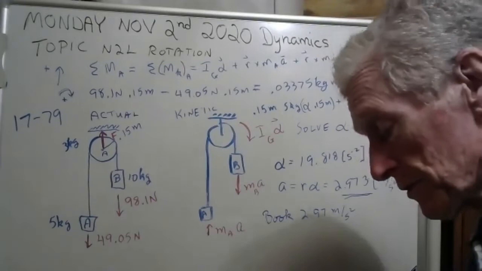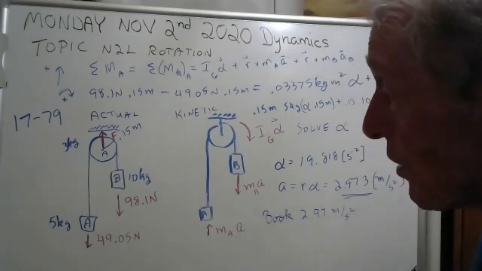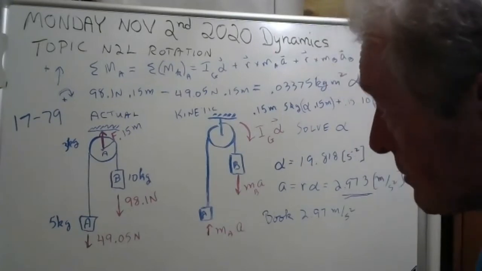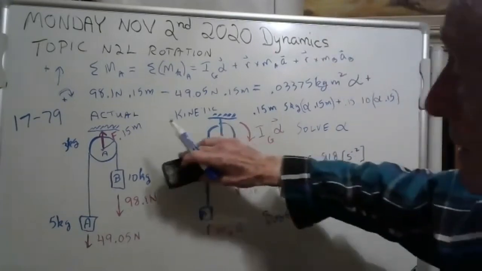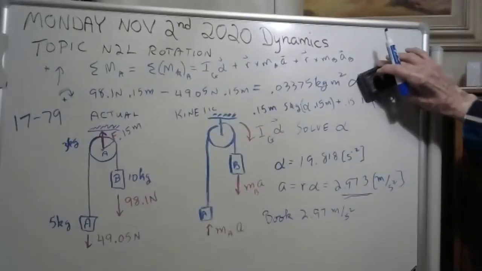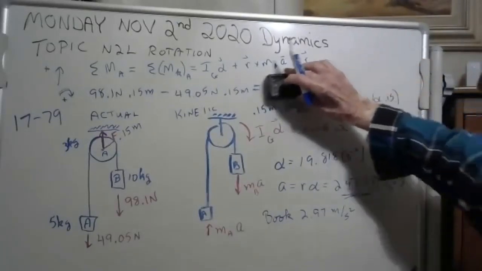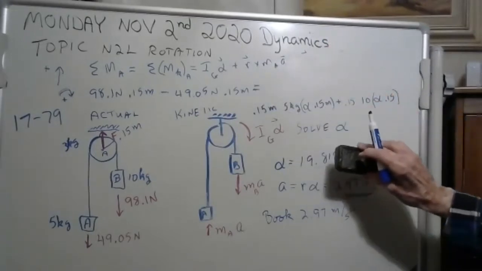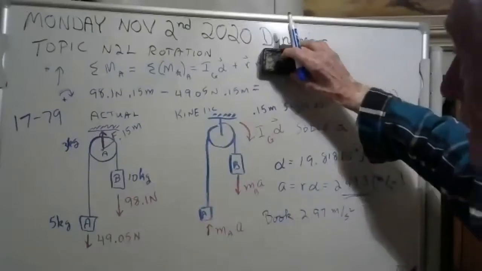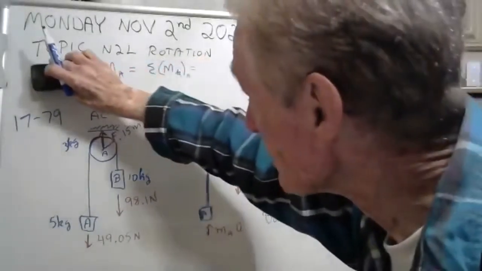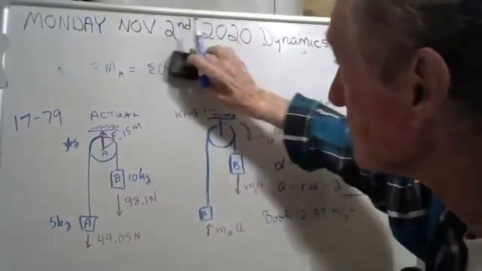But now what we're going to do is break the system into parts. You've done that before. You've broken things into parts. And we're going to write the equations in parts. So I just need the room here. Let me erase all this. We've got our answers. We have our acceleration. We've got everything we need here. And what we're going to do is break this into parts.